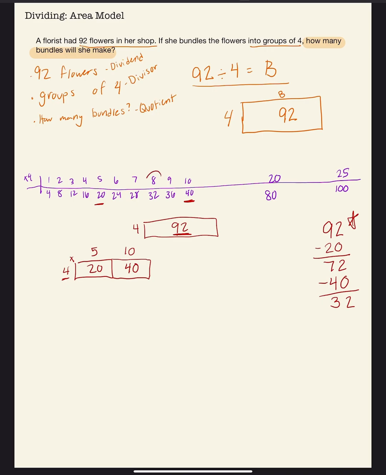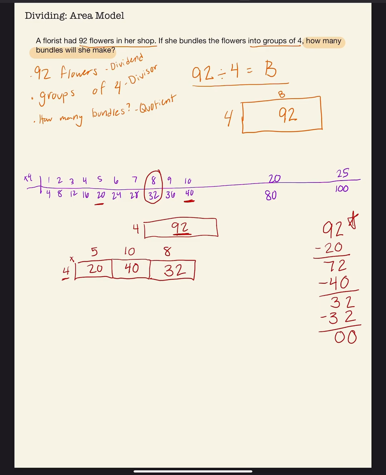And I look here and I see 8 times 4 is 32. So I definitely can take away that last bit of 32. And to get to that 32, I had to do 4 times 8. So I take away that 32, and I met my goal. I made it to 0.